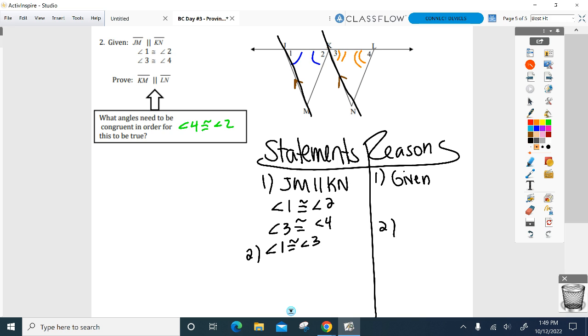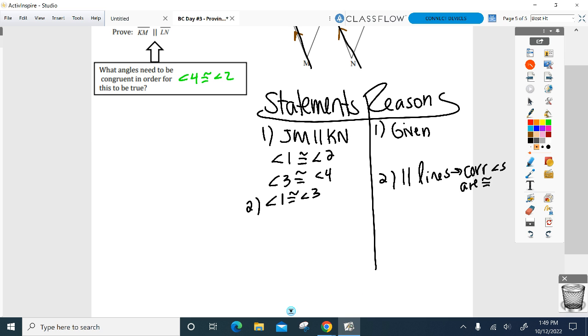So close. So they're corresponding. What did you know about the lines to begin with? So just like yesterday, I start this with parallel lines imply. Keep going, Maddie. What else? Corresponding angles are congruent. Thank you. There we go. So 1 and 3 are equal because those lines are parallel.